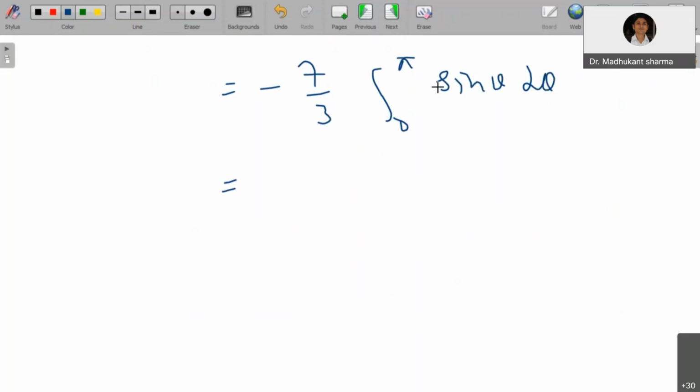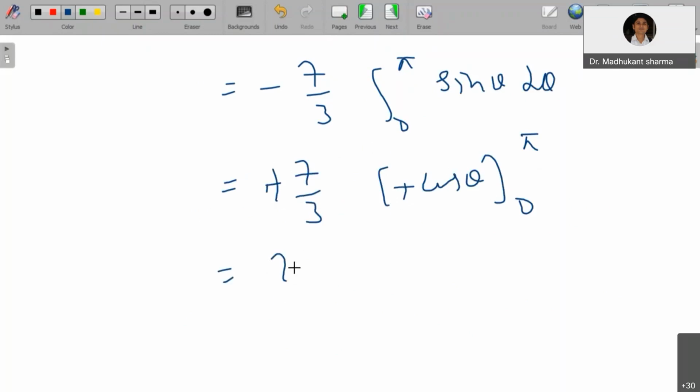Now the integration of sin theta is minus cos theta, from 0 to pi. So minus minus is plus here, 7 by 3, cos pi minus cos 0. So minus 1 minus 1 is minus 2.